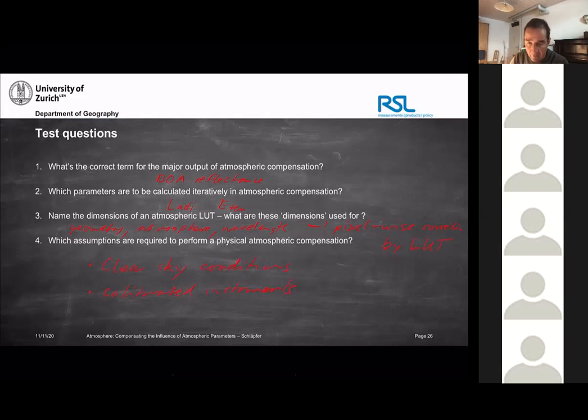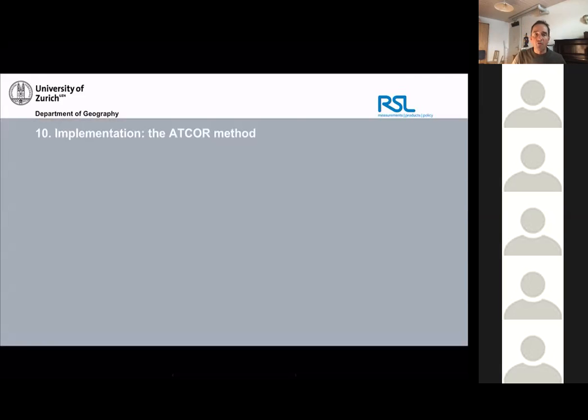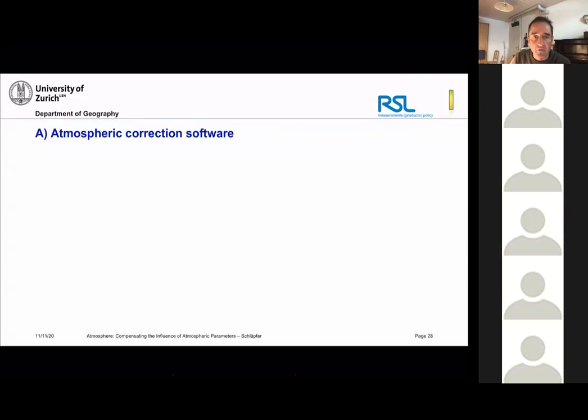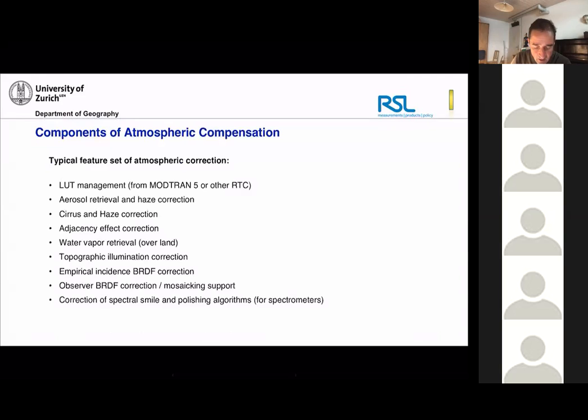Any questions regarding the theory? No further questions? If not, then let's go into implementation. I'll go through the atmospheric correction software setup.